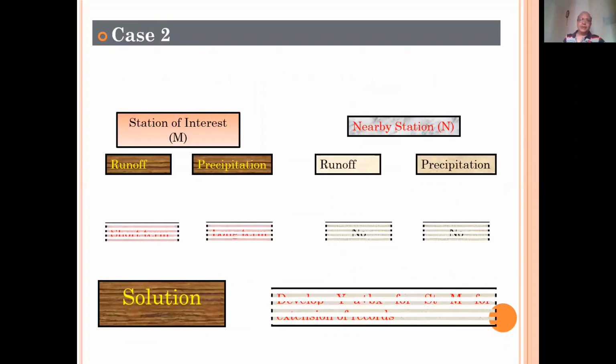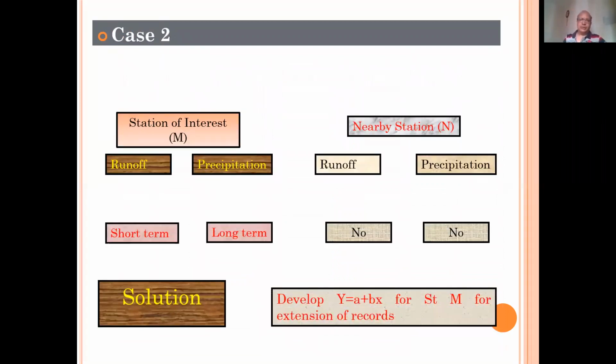Now the second question or second situation, where at the site of interest we have very short term data of runoff, but long term precipitation is available. It means we are having runoff data for only 15 years, but 30 years of rainfall is available.